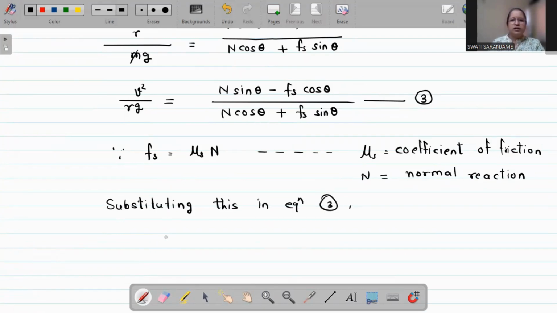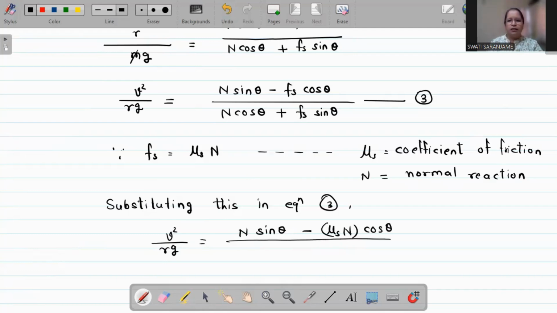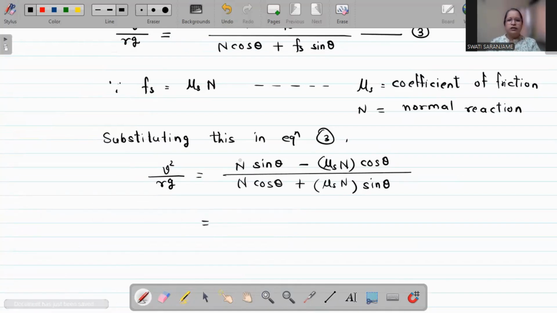What you get is v square by rg equal to n sine theta minus mu s n cos theta divided by n cos theta plus mu s n sine theta. Here on the right hand side, n is common in all the terms, so we can easily cancel it out.